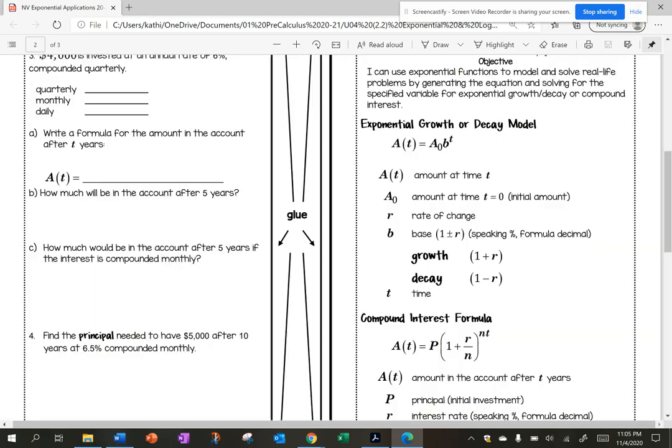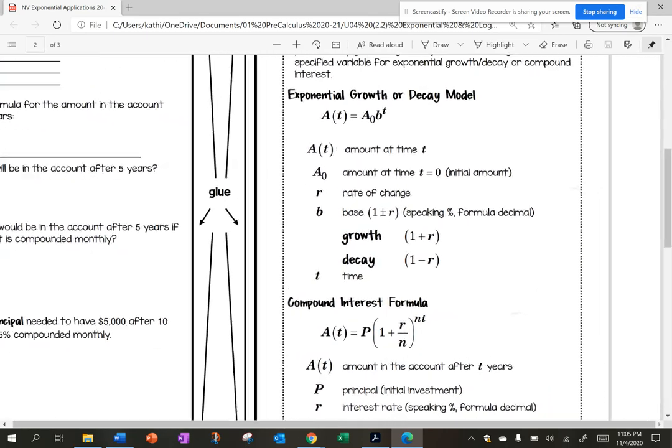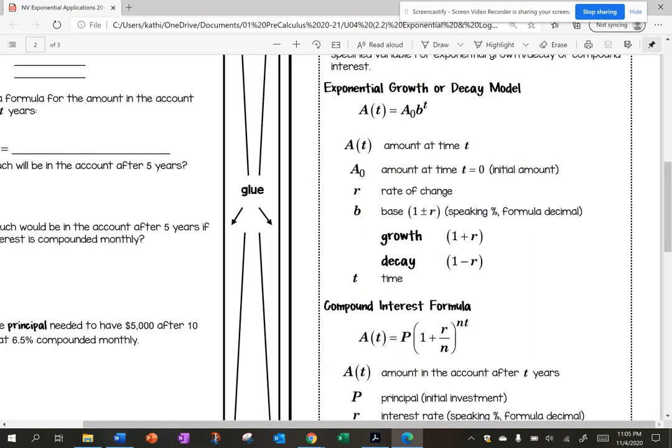Okay, so let's review. What is the exponential growth or decay model? This is A sub t equals A sub 0 times b raised to the power t, where A sub t is the amount at time t, A sub 0 is the amount at time t equals 0, or my initial amount, r is my rate of change, and my base is 1 plus or minus my rate of change r.